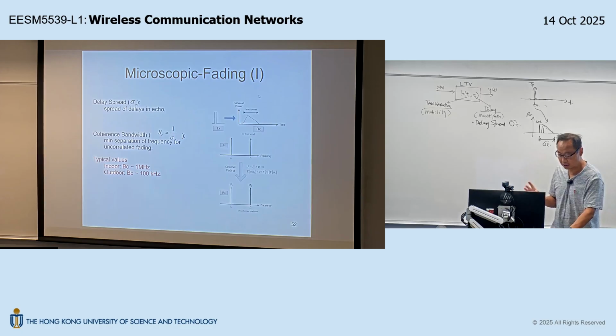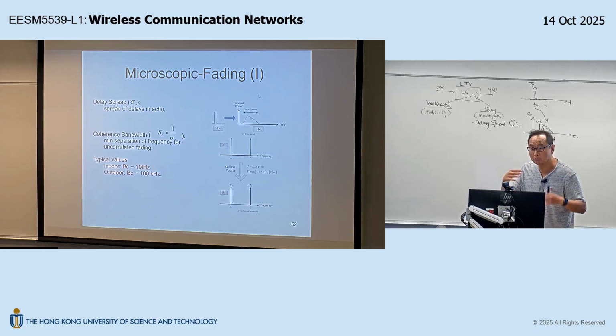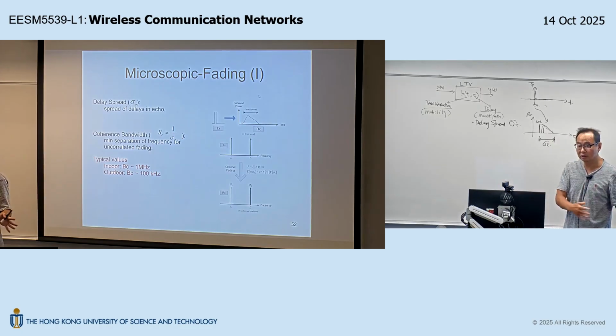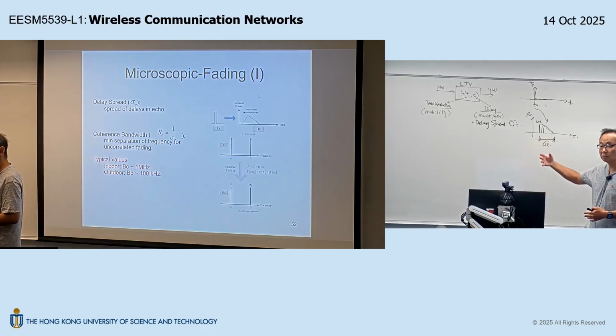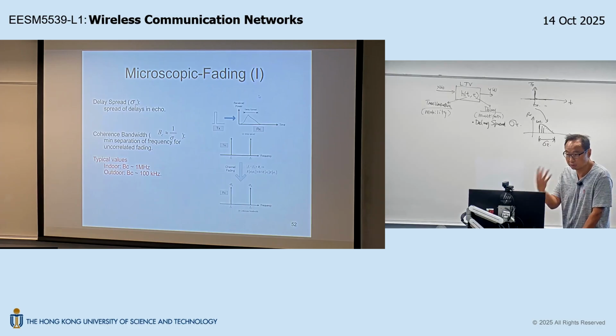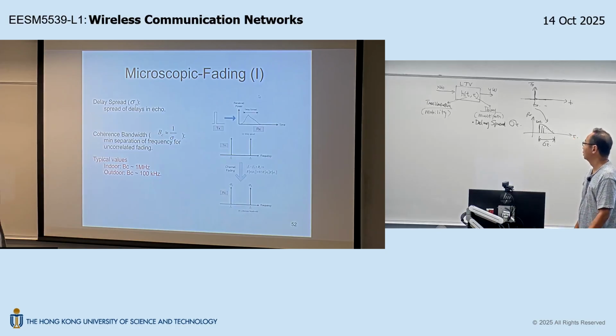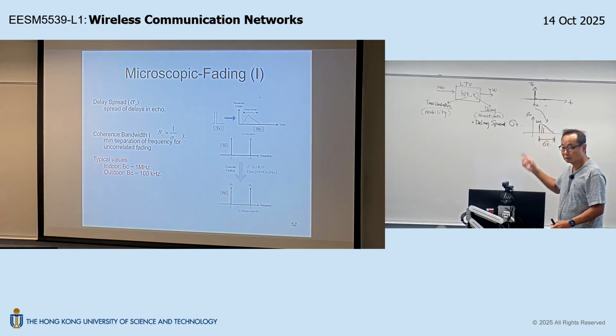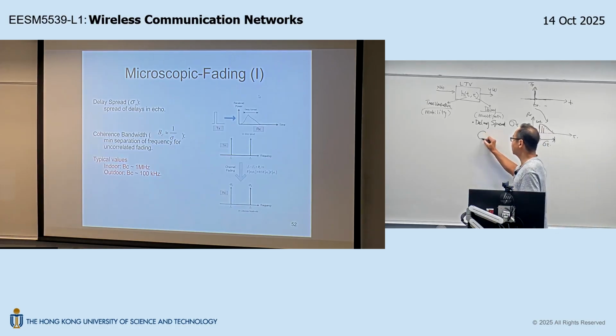What is the impact of huge multipath? We will talk about this later, okay? I'm just talking about some modeling. Here we're still talking about the modeling, introducing some parameters to represent how severe the multipath effect is, okay? Now, with this understanding, what can you say about the delay spread in an indoor environment versus the delay spread in an outdoor environment?